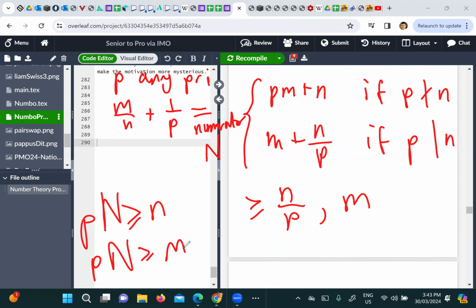Okay. Actually, we know they're non-zero, right? So they're actually strictly greater than n, and strictly greater than m. Okay. So all we need is Q is a prime greater than pN, right? Okay. So then what do we have? Then we do the 1 on q thing.